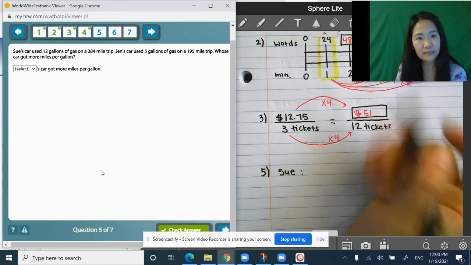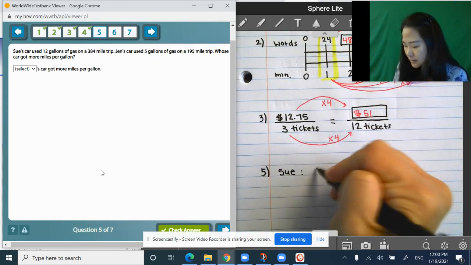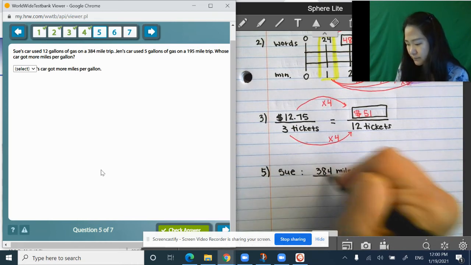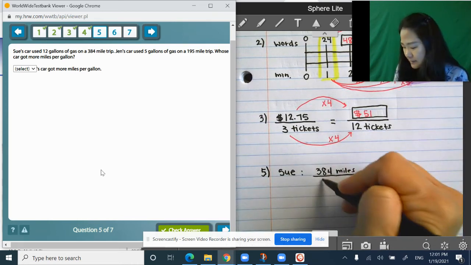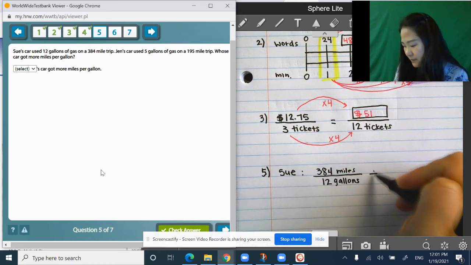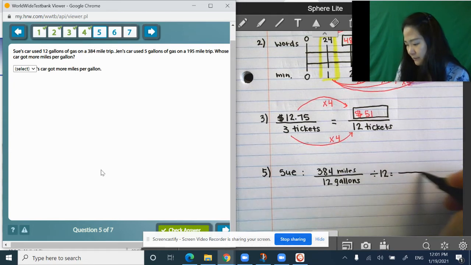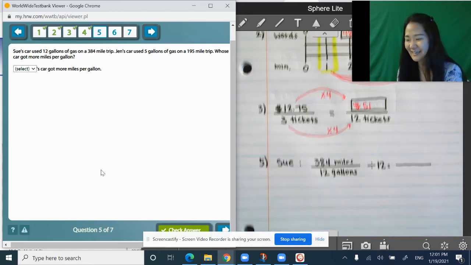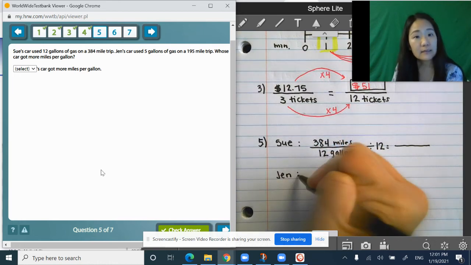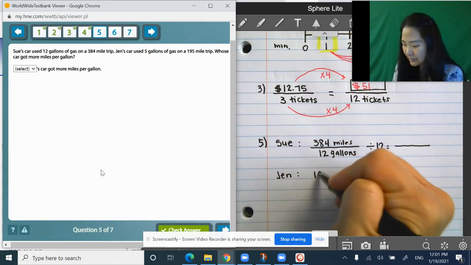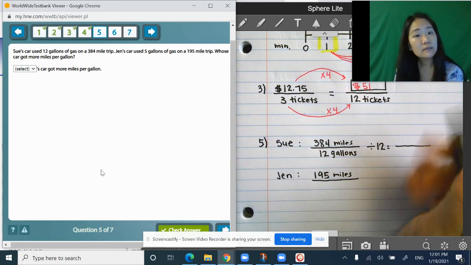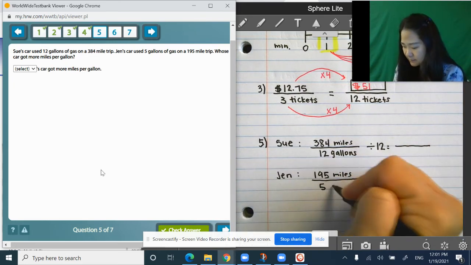Sue's unit rate. So I'm going to write 384 miles over 12 gallons. And this one, I'm going to find out the unit rate by dividing by 12. I will do that in just a second. Now, for Jen, it is 195 miles in 5 gallons.